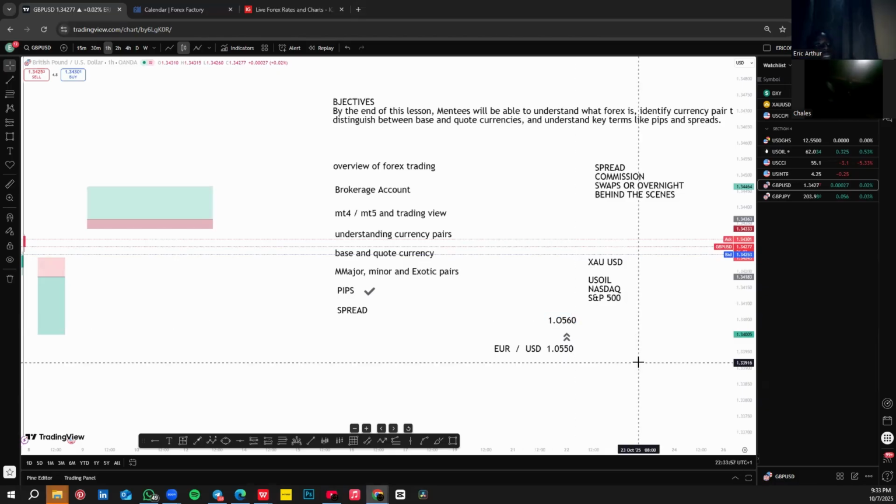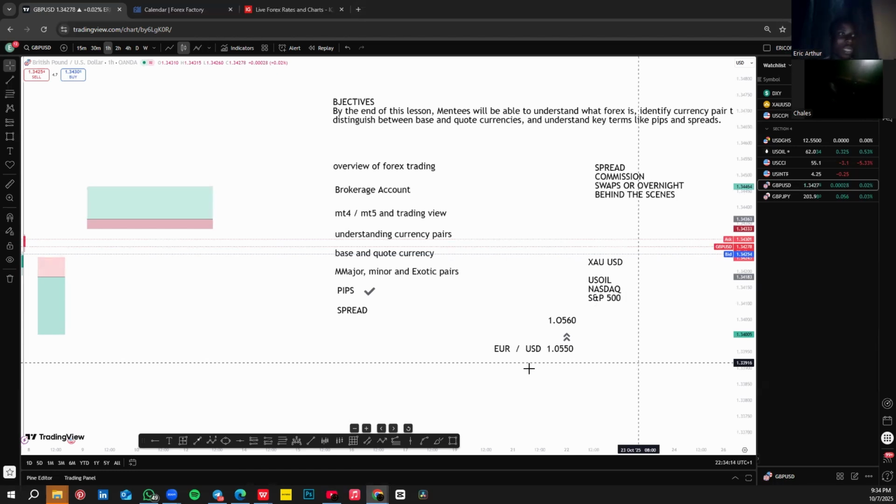How many pips does it move? 10 pips. It has moved 10 pips. That's good. Okay, this one is the 4 decimals.